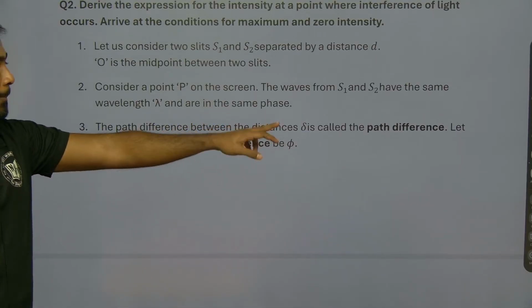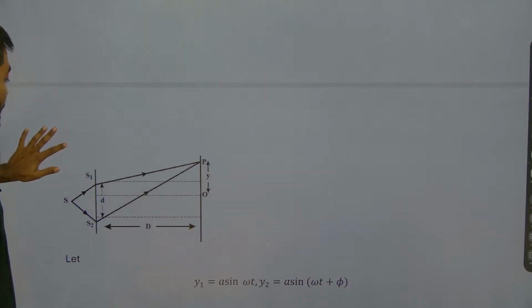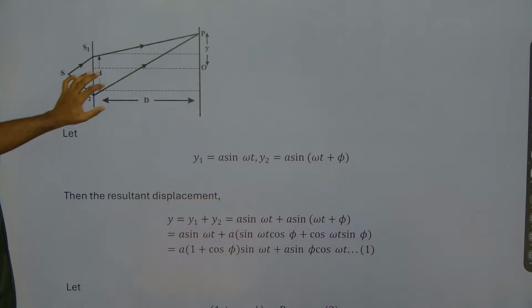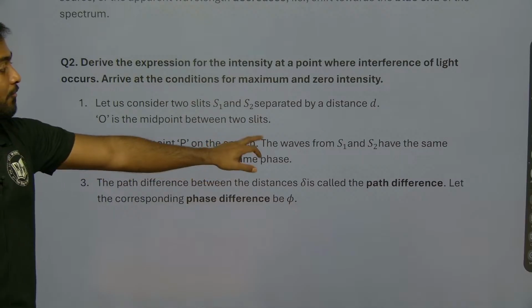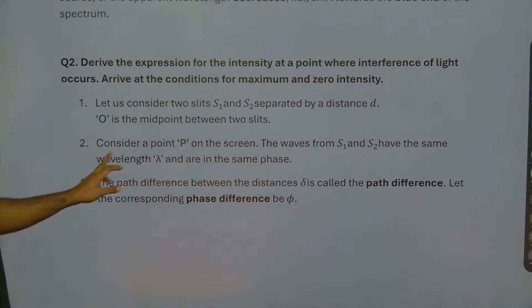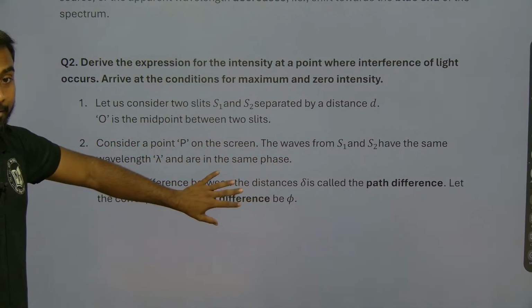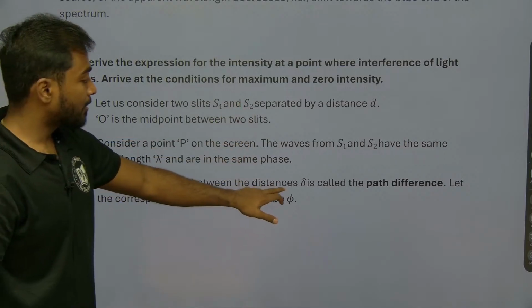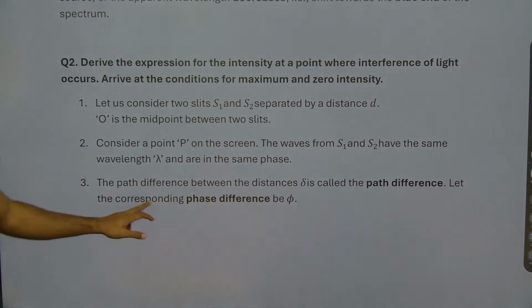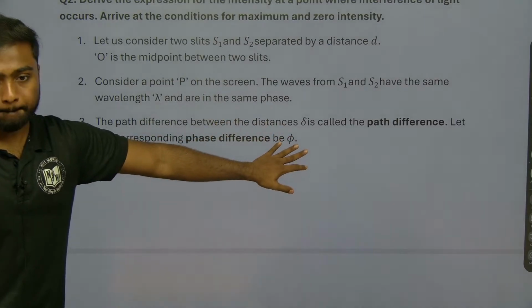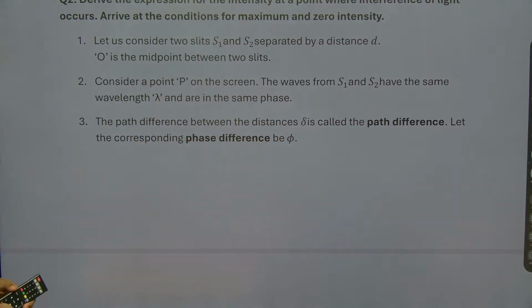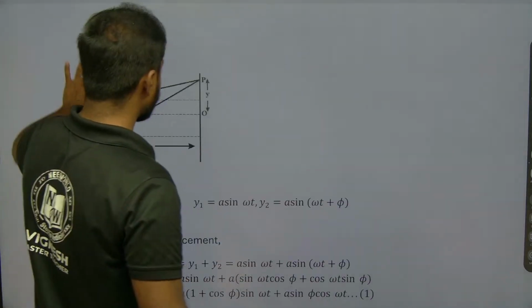If you see here, consider a point P on the screen, S1, S2 we have considered, and the difference between the paths is called the path difference, and its corresponding phase difference is called phi. So this is the diagram.